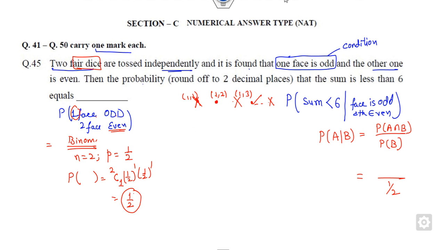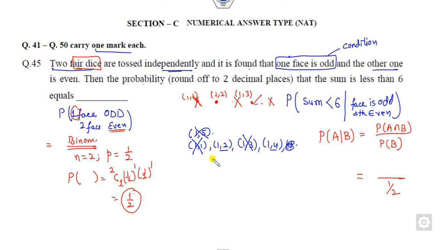That's fine. Now what is the numerator part? The sum is less than 6. So what are the pairs? For 1, the pairs 1,1, 1,2, 1,3, 1,4, and 1,5 are there, but 1,1, 1,3 and 1,5 cancel because they are not odd and even. So only two pairs are there.